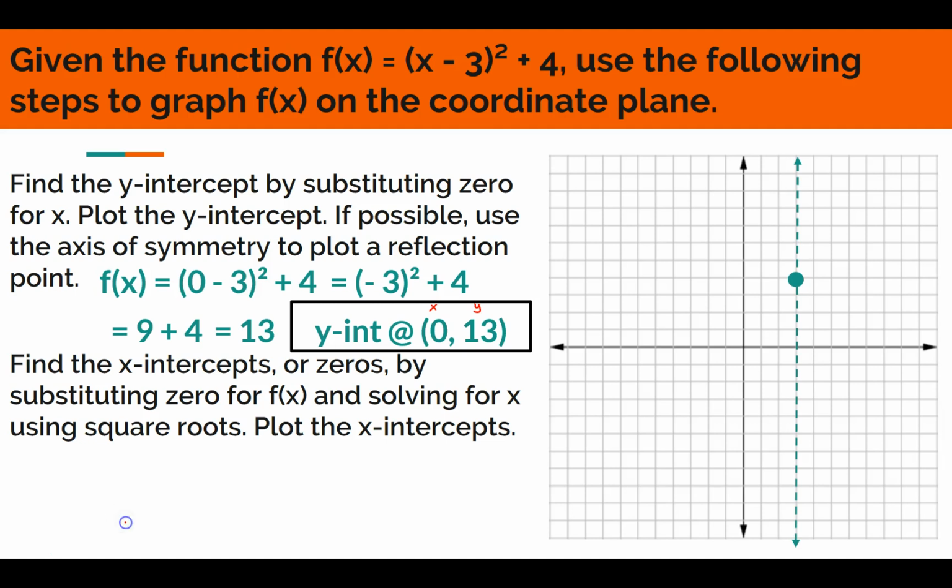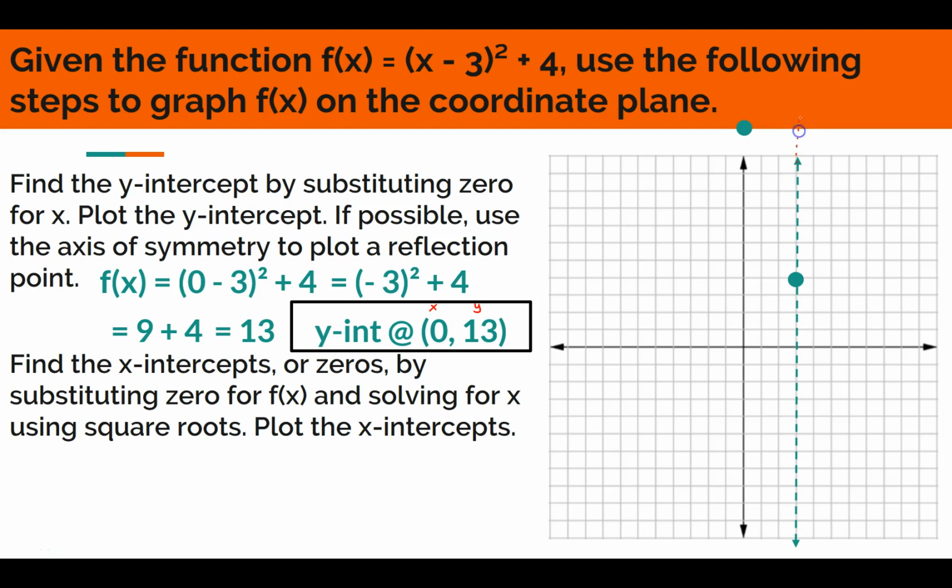So let's plot that. I know it goes a little bit off your graph. It goes up here. It also tells me that it's possible to plot a reflection point. We did that yesterday. So how could I plot another point without having to plug in numbers? Yeah, move it over.